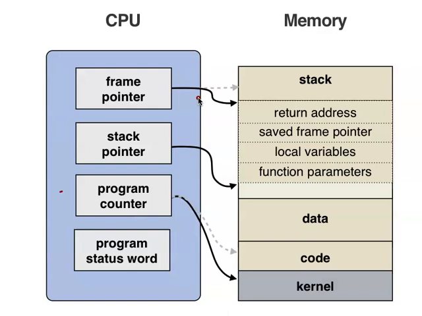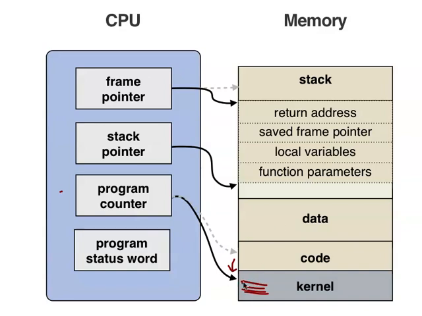This is also a picture that I showed you last week. You have a program running, and this program wants to invoke services by the operating system, so it makes a system call, and the program counter will jump to running code or instructions provided by the kernel.